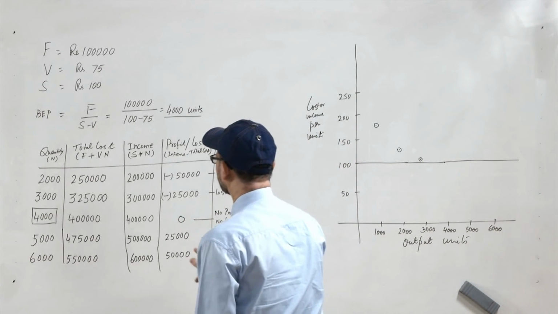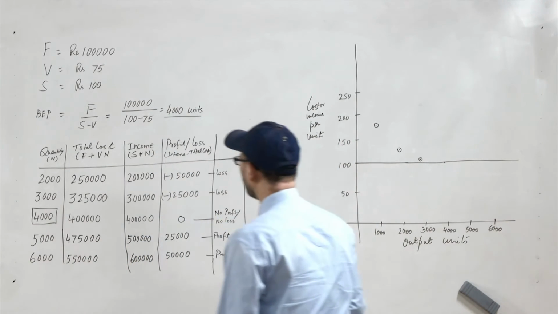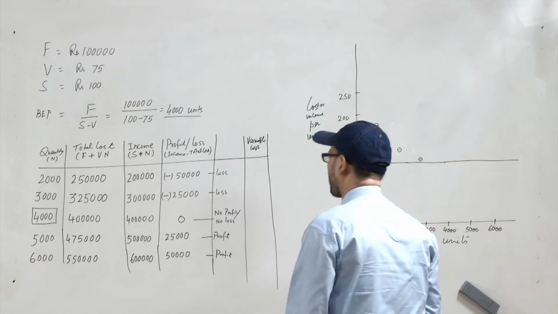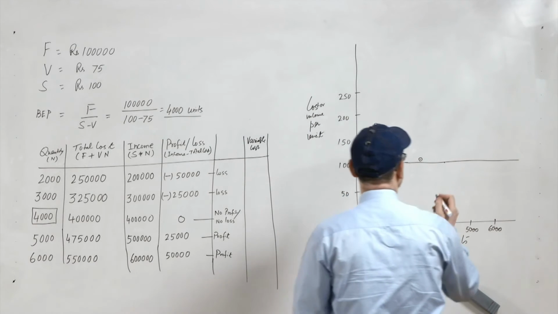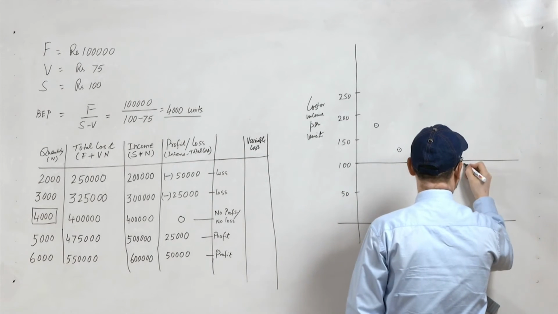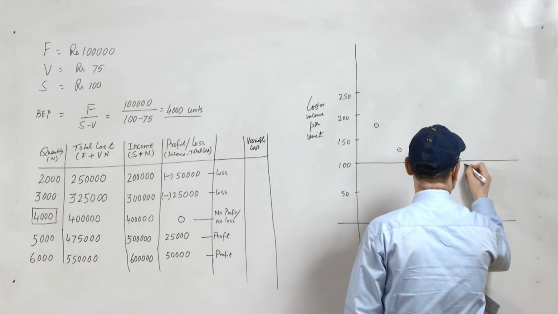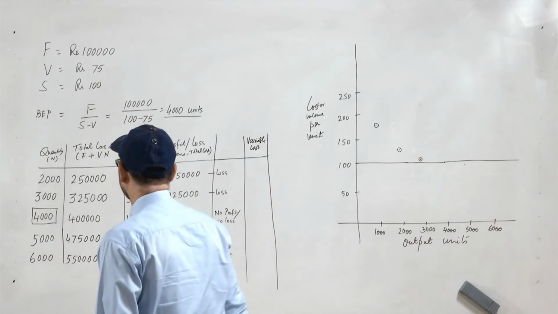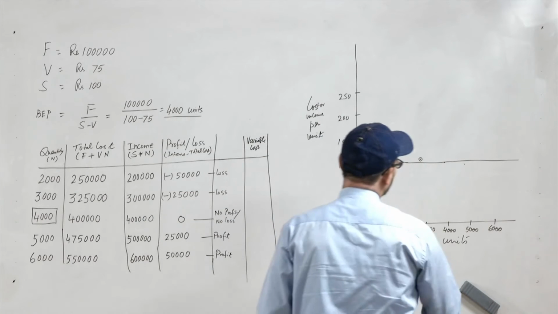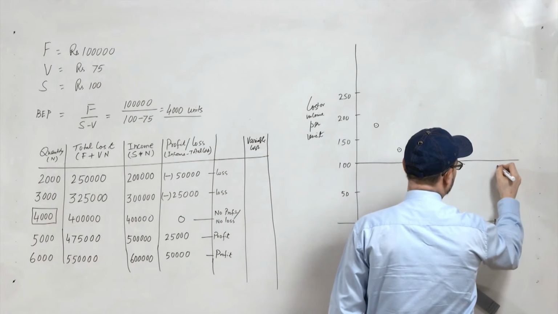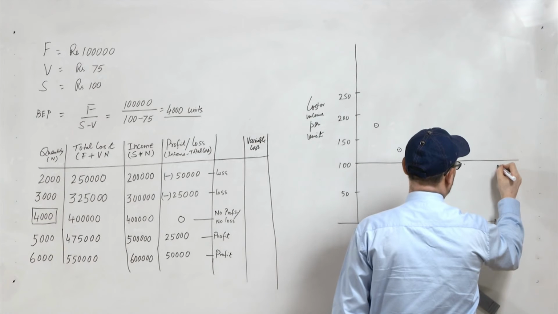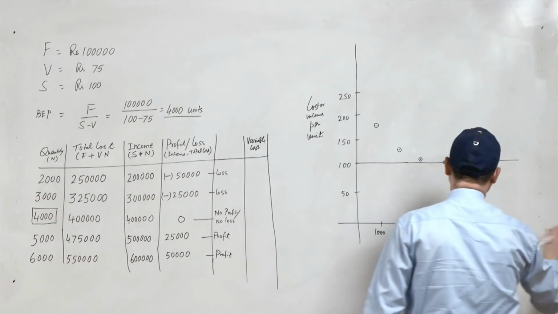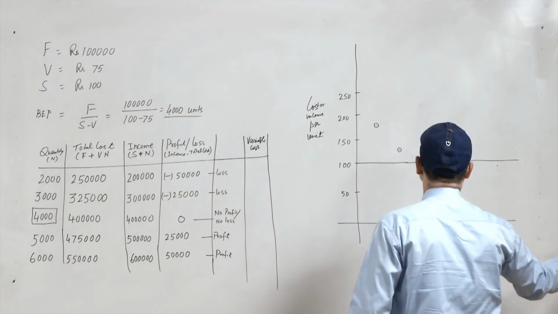For 5000 units, 475,000. So, if we divide it, it is coming less than 100. So, it is 95. For 6000 units it is close to 90. So, it goes like this, and then it is going downwards. As we move in this direction it will go like that.